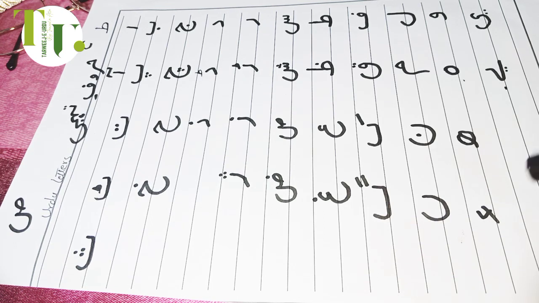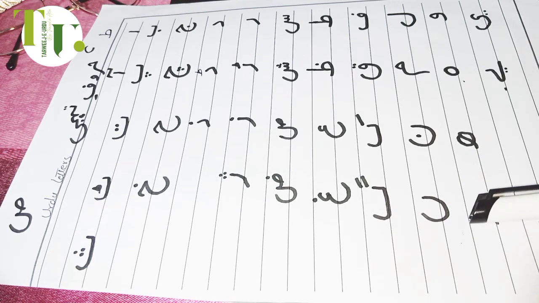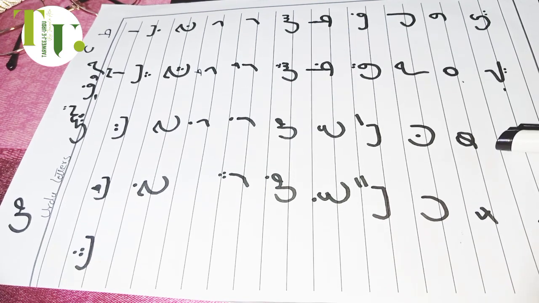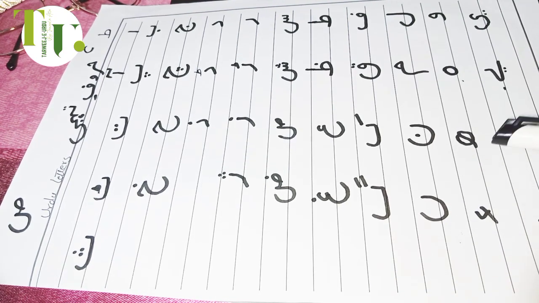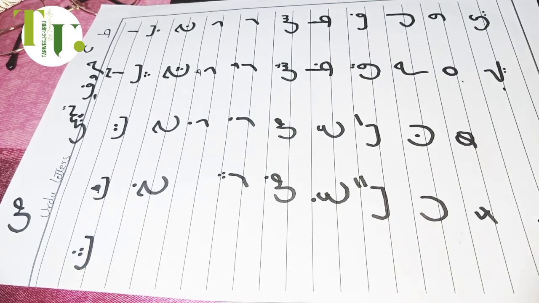Some people ignore noon hunna and do chashmi hai because they consider that it does not have a basic sound. But yeah, we can't ignore these two letters, because in every word we are going to use these two letters, so why should we ignore them? So noon and do chashmi hai you have to write.